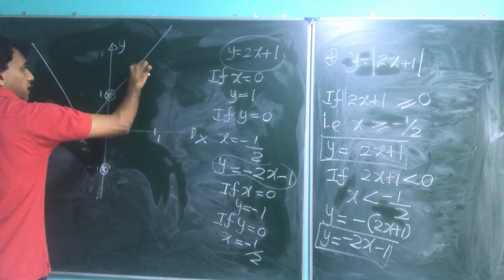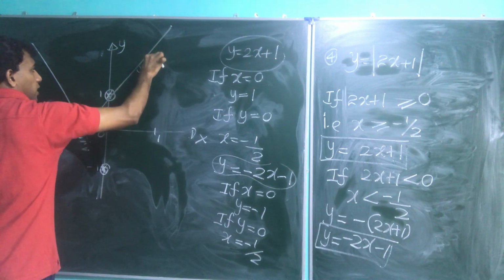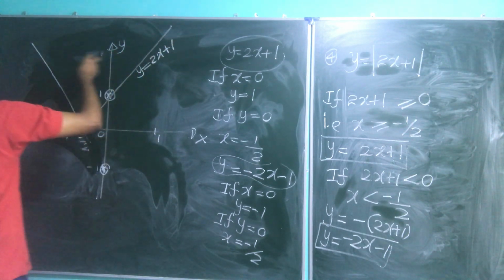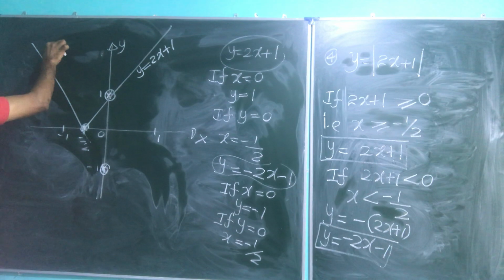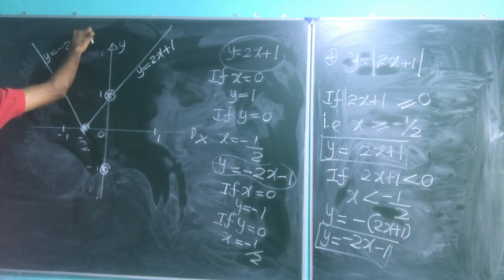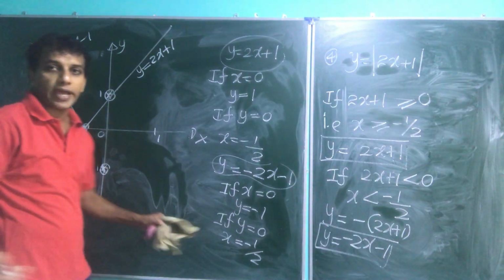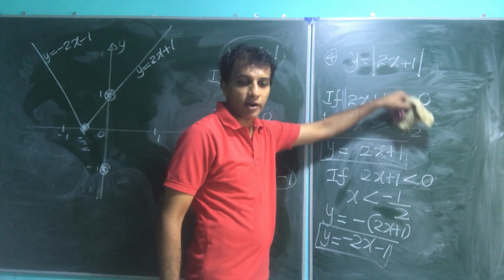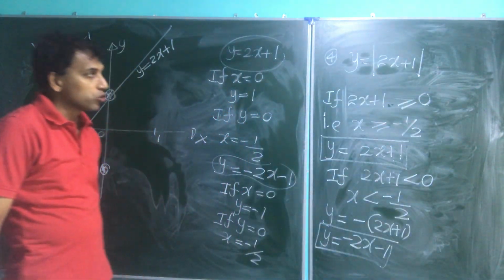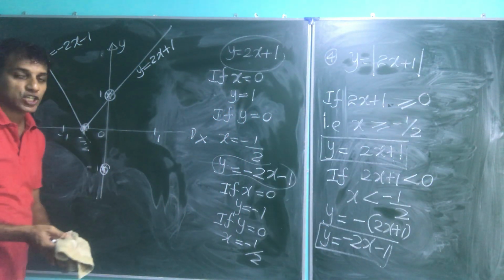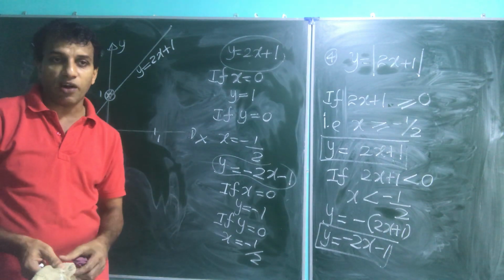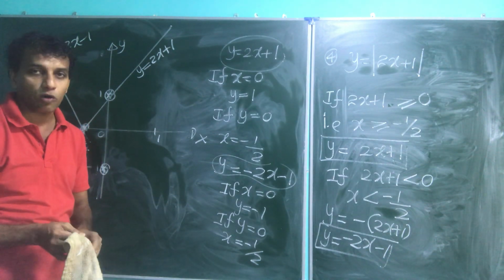This is the graph y equals 2x plus 1. And here this is the graph y equals minus 2x minus 1. Both combined together we call the modulus graph, right? This is my fourth question, modulus function. But it's all a linear function, a straight line graph using the modulus symbol.